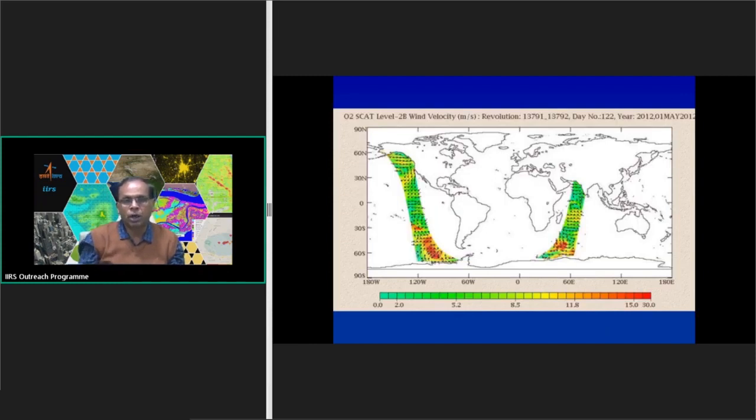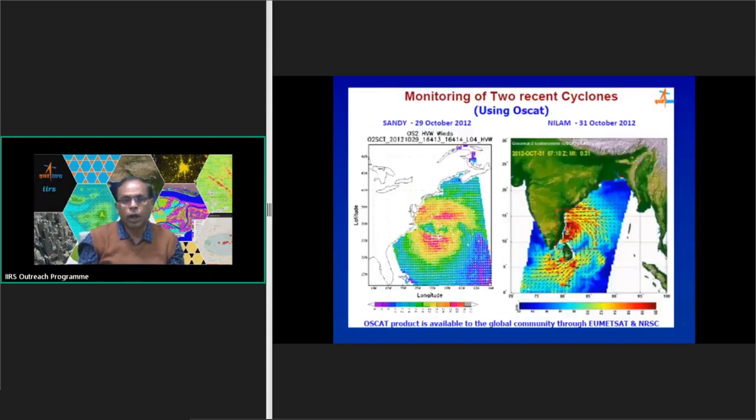This is the scatterometer data, one path around the globe, and this is the monitoring of two cyclones where the wind speed and wind direction are nicely depicted.